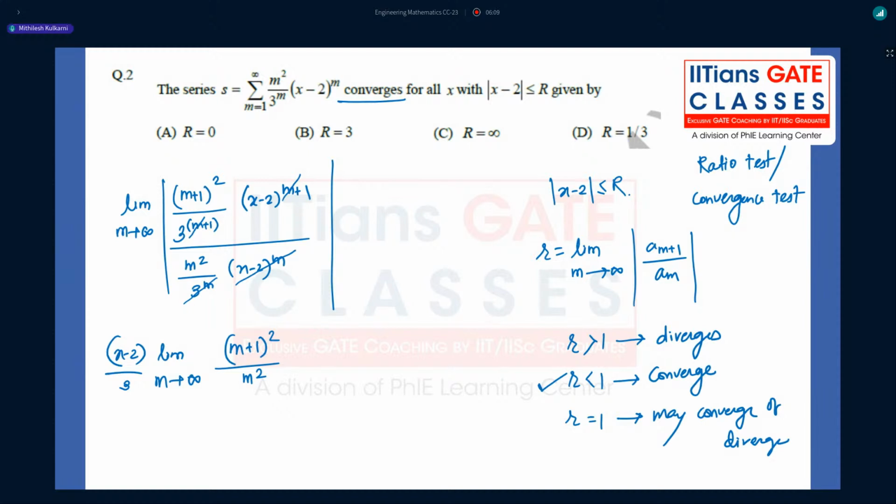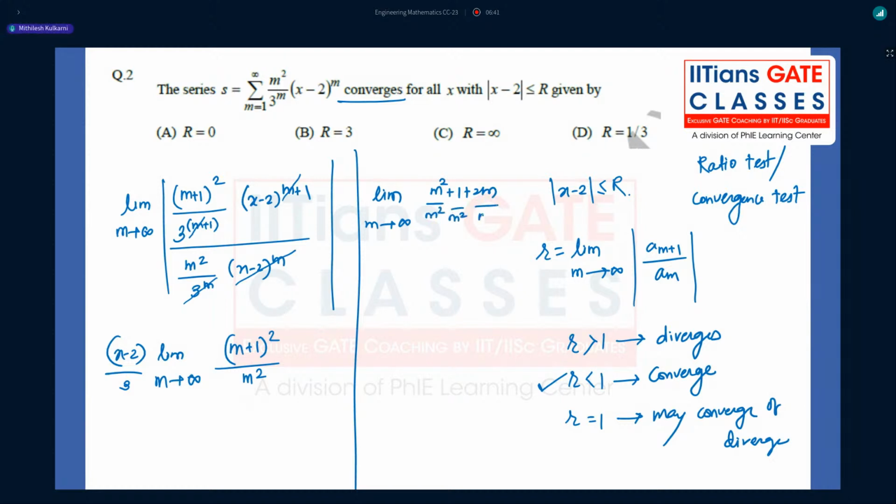So we can just focus on this part because our limit is only on the m part. Let's simplify it further. (m+1) whole square you can simplify as m square plus 1 plus 2m. So I'll just focus on the limit part: limit m tends to infinity, (m square plus 1 plus 2m) divided by m square.